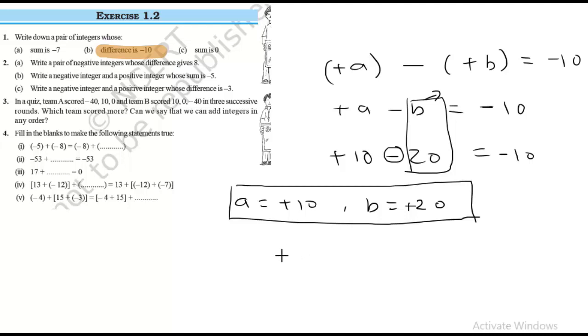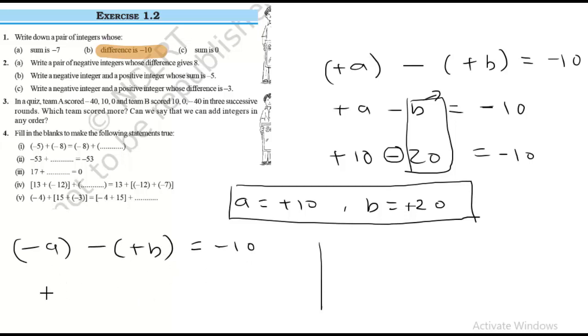Suppose I consider A as negative and B as positive, then it can be plus A. So we have to imagine A as negative. So minus A, let us solve here, minus A and B as positive, plus B should be equal to minus 10.